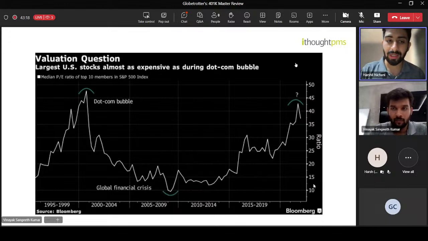So right now we are topping. Which means as a saver in the States, the more money you pump into your 401k, the more money is going into equity, the more money is actually going towards expensive parts of the market. And that's why you're running the risk of forgoing your future growth. No matter how far that is in your life, you are going to forgo future growth that can come to you.